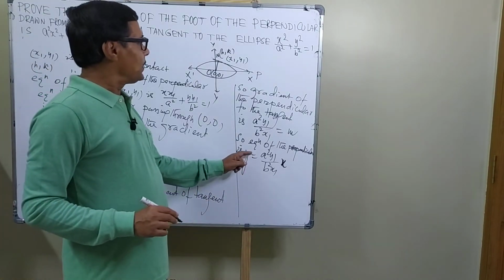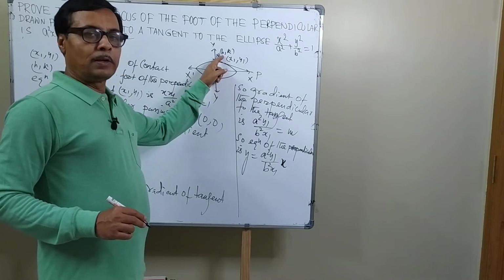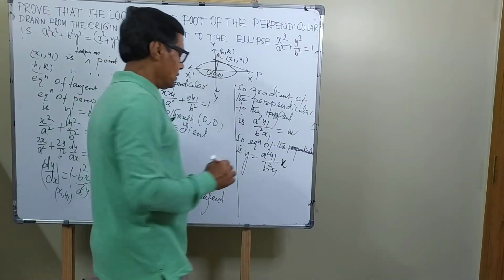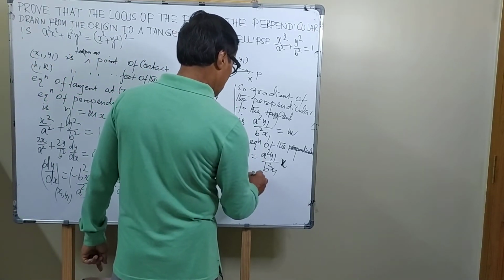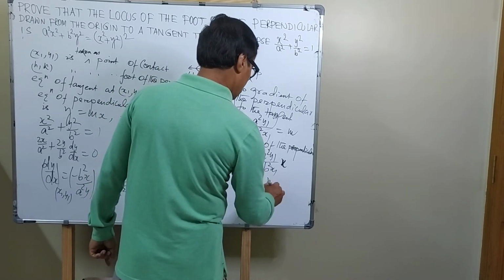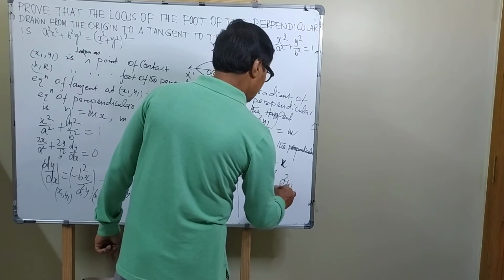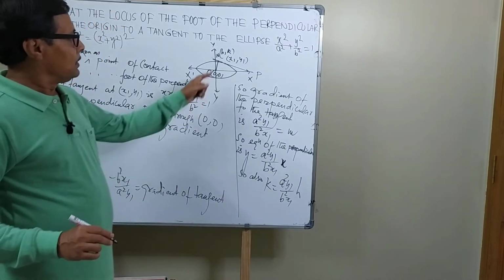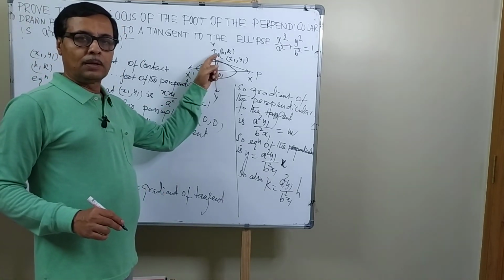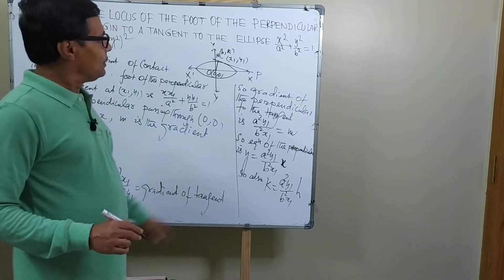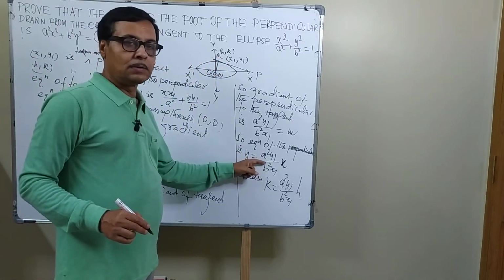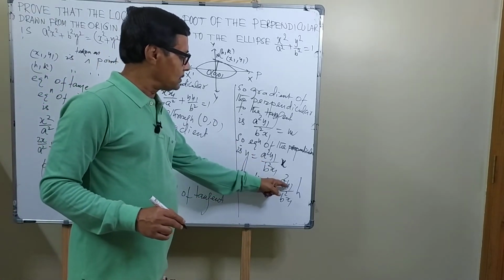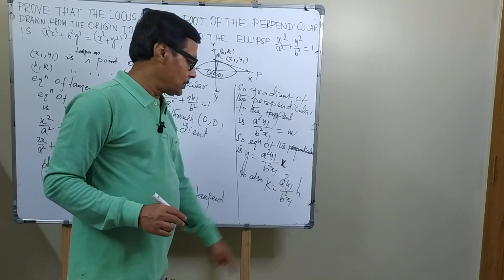Also, this perpendicular passes through the point h k, because N is taken as the coordinate h k. So h k also satisfies this equation of this perpendicular. So we get k equal to a square y1 over b square x1 multiplied by h.